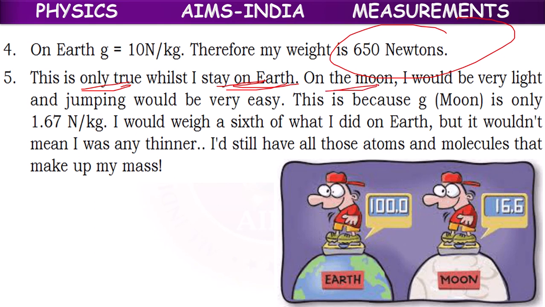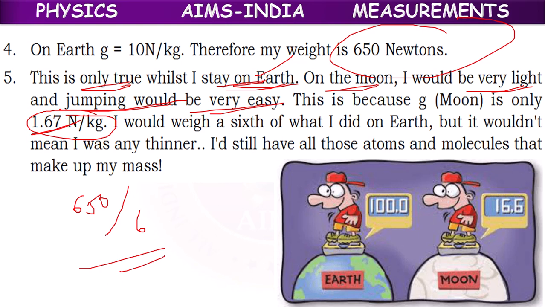If I go to the moon, I would be very light and jumping would be very easy compared to earth, because the gravitational field strength of the moon is 1.67 newtons per kg only. Compared to earth, it is 6 times less. It will decrease 6 times.